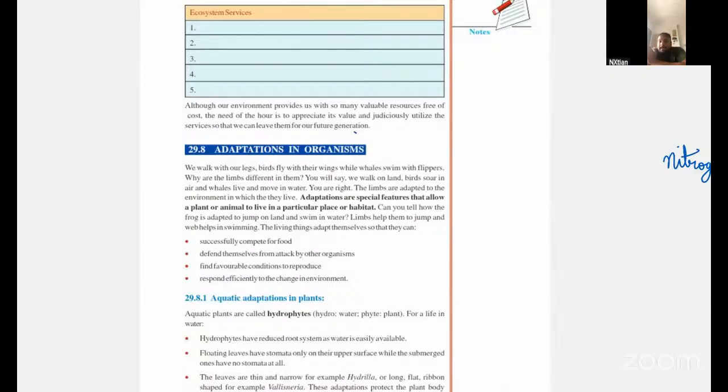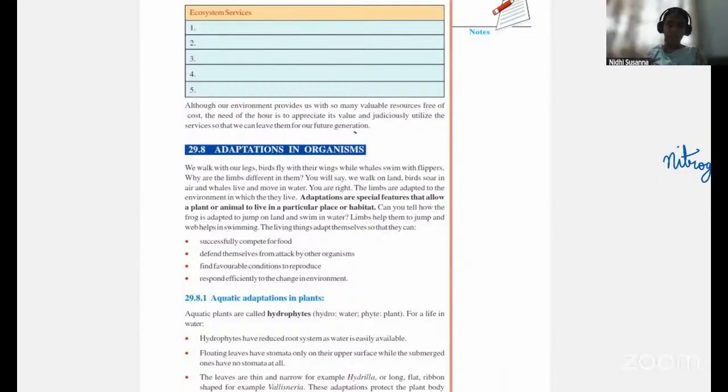Did you observe why a camel can walk in the desert, not an elephant? Did you observe why the polar bear is able to live in the polar region?